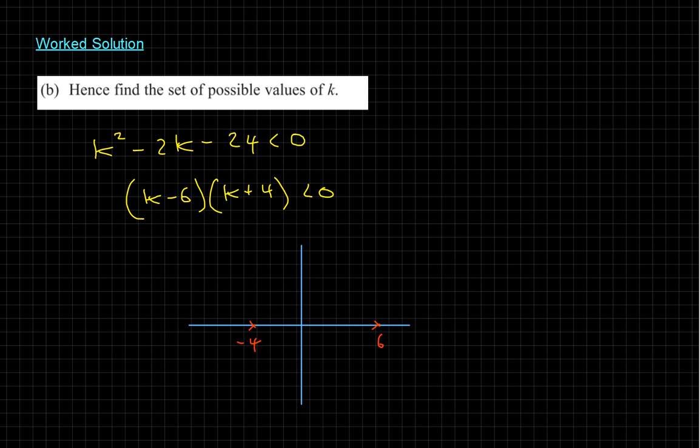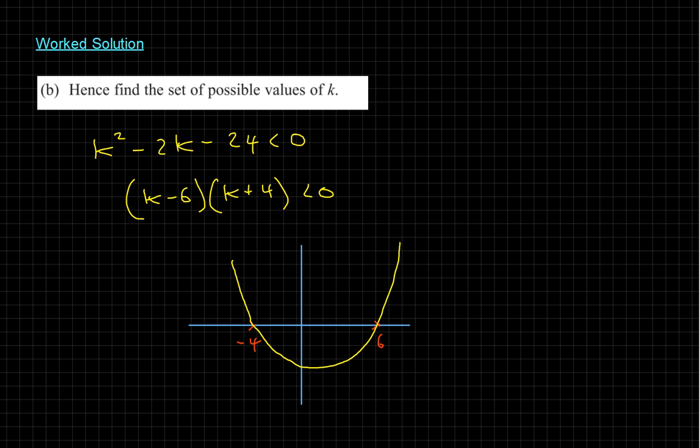It's a k squared graph, not a minus k squared graph, so therefore it's a U shape. That's all we really need to know. Don't particularly care where the minimum is. It's a U shape, and it passes through -4 and 6.